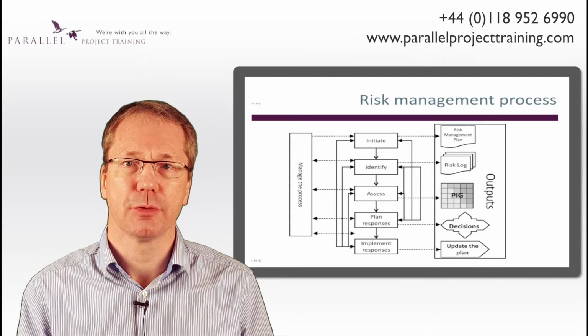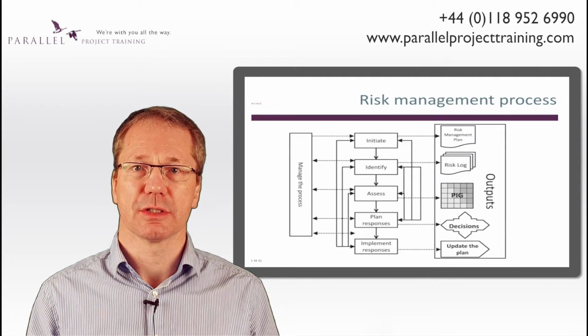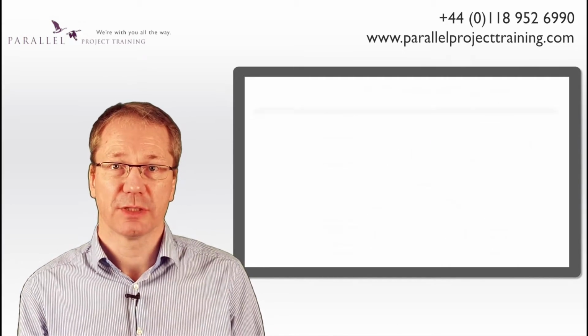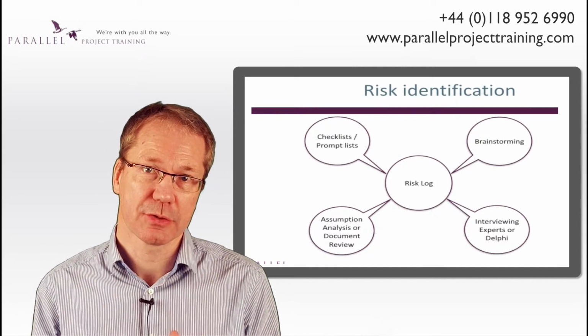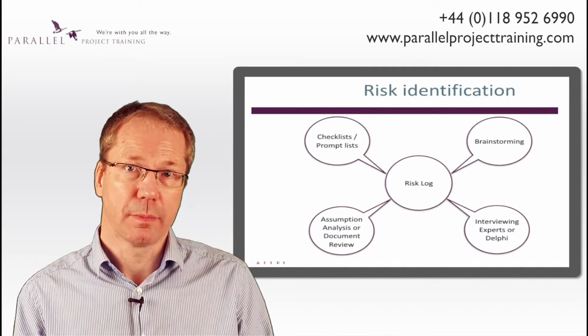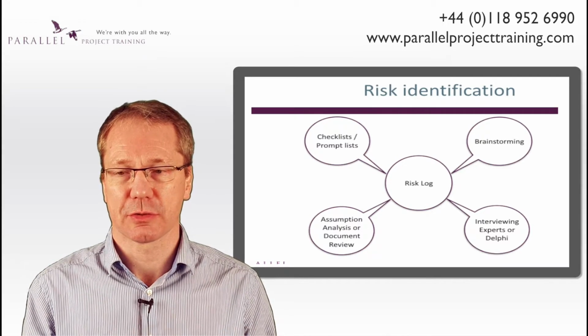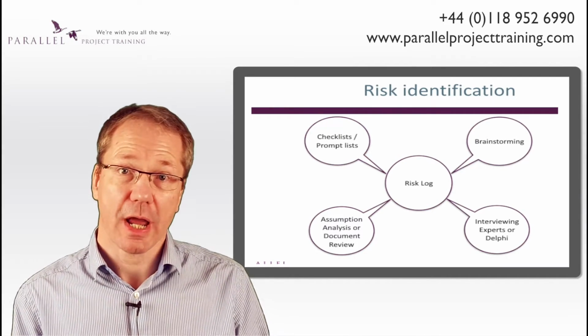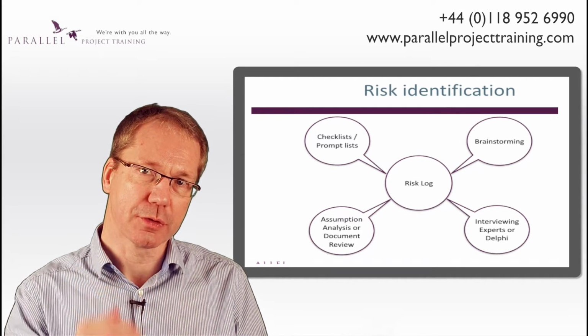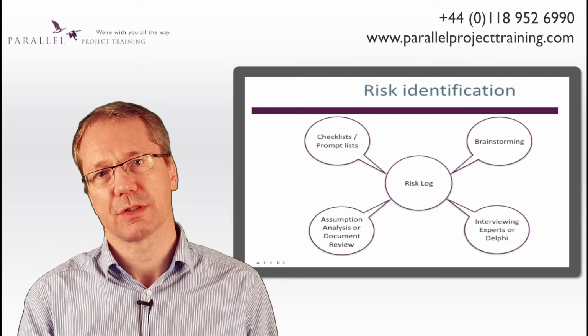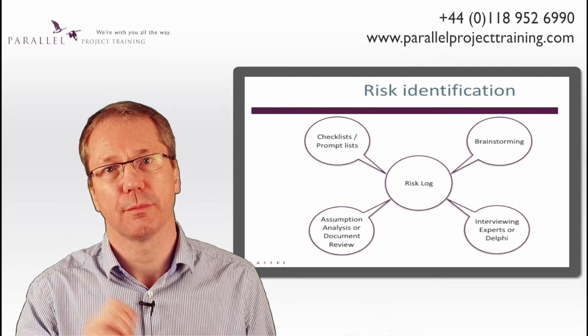So having defined our approach to risk management, the next thing is to identify risks. So several ways we could do that, as you can see here. Brainstorm is the most common. Get a group of people together, shout out the risks in a creative way. Checklist is more structured. So in a checklist, we go through the risks and highlight those risks that are specific to the project, tick them off basically.